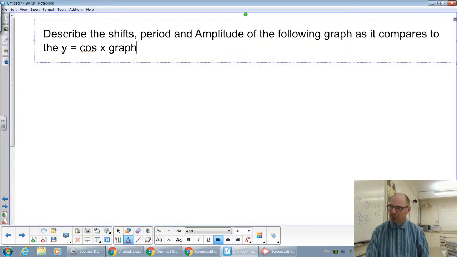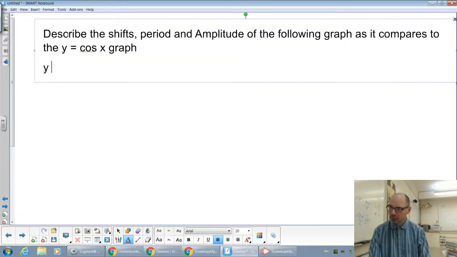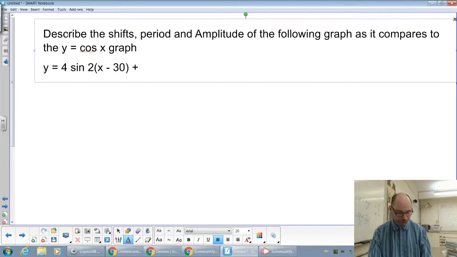And let's say my example is y equals 4 sine 2 bracket x minus 30 degrees. I got to put a degree symbol in there. Close the bracket, plus 1.